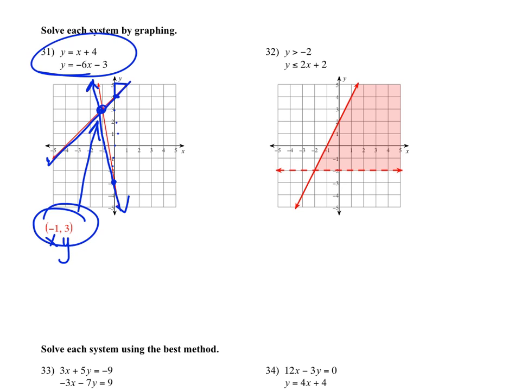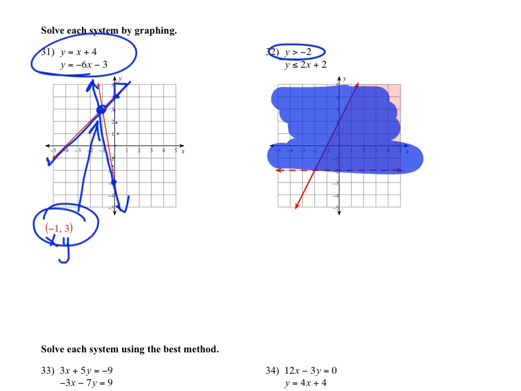32 is similar. This is one we spent a lot of time practicing in class, so we're going to graph each of them separately. That line is going to go through -2. It is going to be dashed here, and we're going to be shading above. So shading above up here.